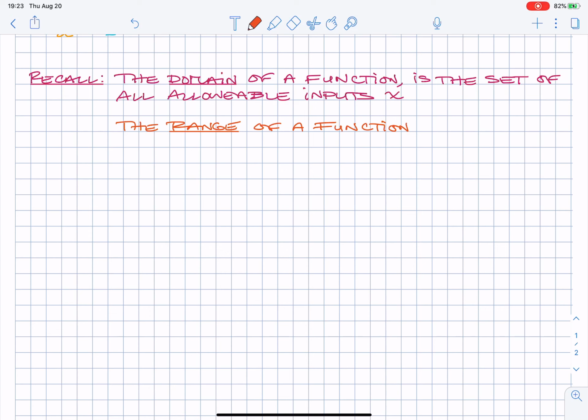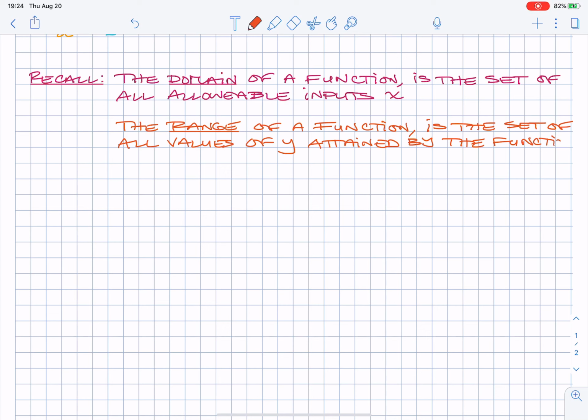The range of a function is the set of all values of y attained by the function over its entire domain. So I'll just say over its domain, meaning it's implied that it's its entire domain.